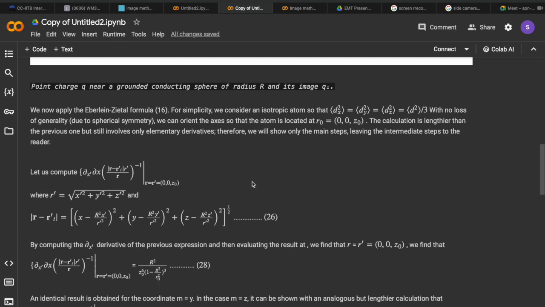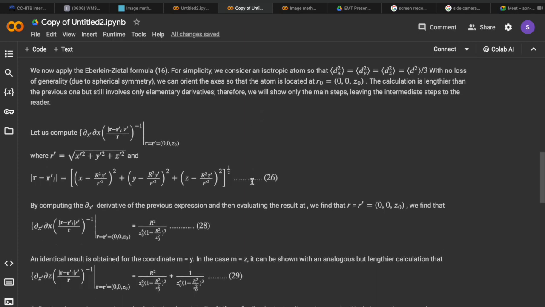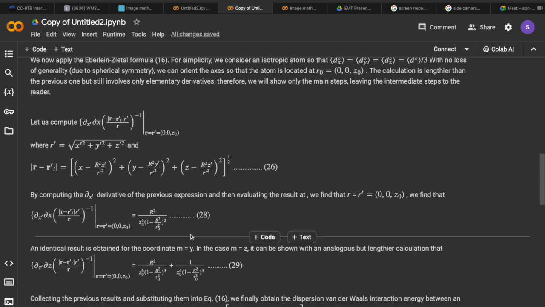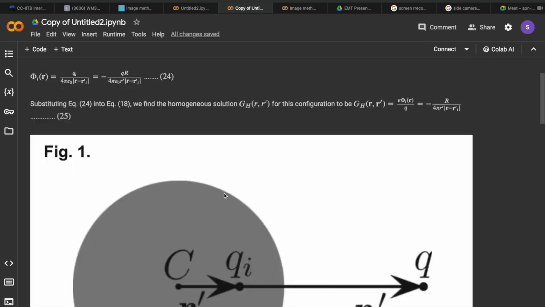With no loss of generality, we orient the axis so that the atom is located at r naught. After these calculations, we proceed to compute the expression, which is equation 28. Also, equation 24 describes the potential phi I created by an image charge qi at position ri dash in the presence of a grounded conducting sphere.